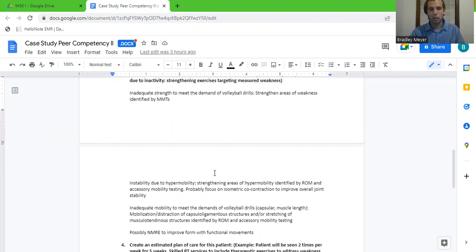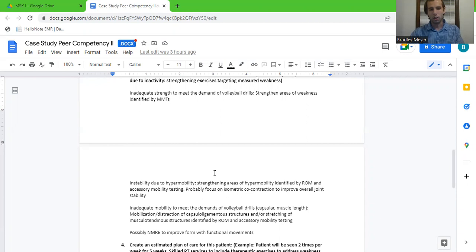So a lot of these, like inadequate strength or hypomobility, I look at in relation to what her body needs to do for volleyball. So it might appear normal, but if it's not meeting the demands of what her volleyball drills are requiring of her tissues or muscles, then I would want to address that.